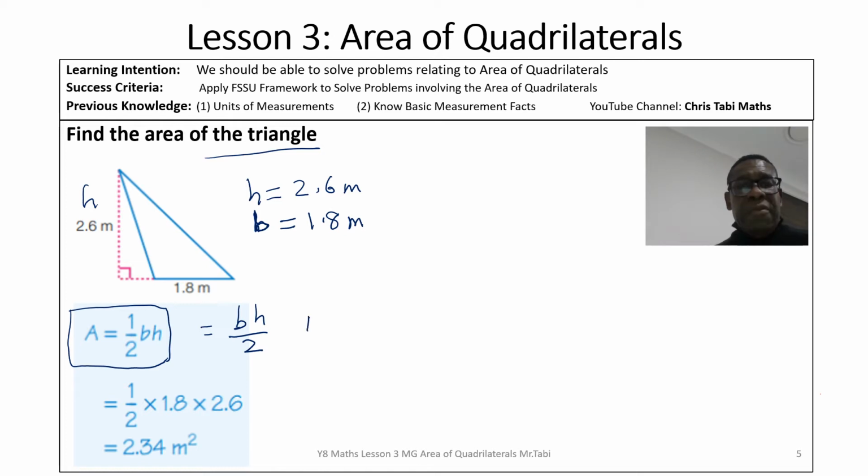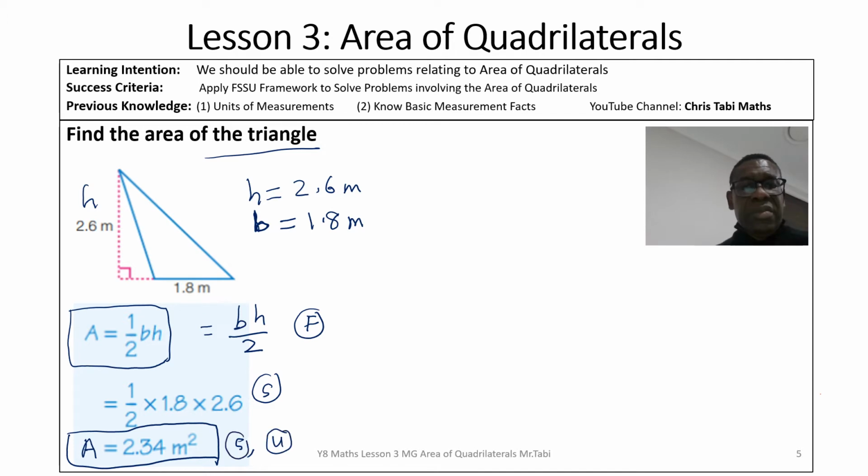So that's our formula again, the substitution, and that's the simplification and units is the final part. Simplify and then units. So the calculator comes in when you've already done your substitution and you want to simplify. So that's when the calculator comes in.